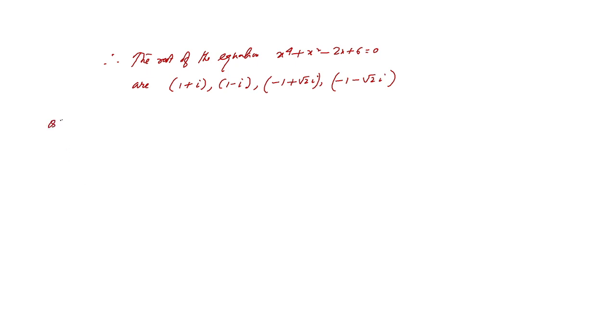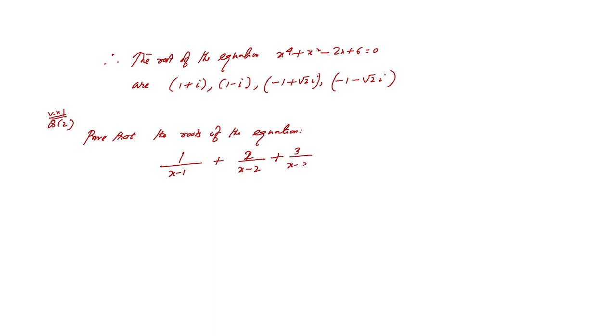Okay, now question number 2. This is very, very important. Prove that the roots of the equation 1 by x minus 1 plus 2 by x minus 2 plus 3 by x minus 3 equals x are all real.